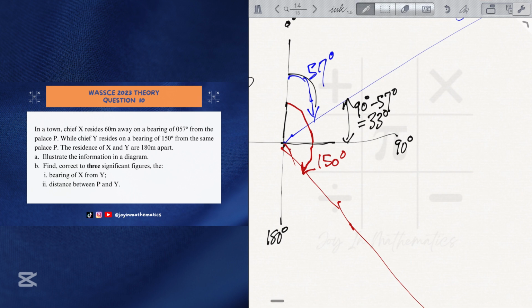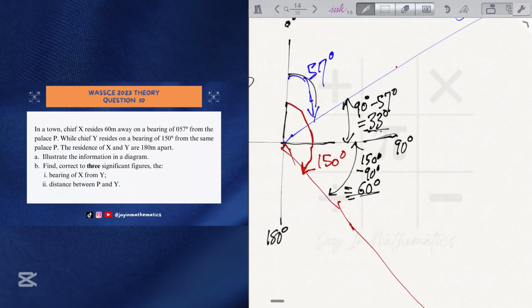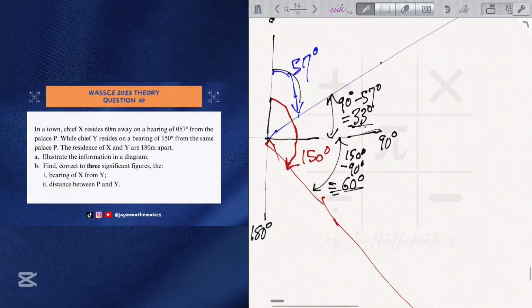In the same way, if here is 90 degrees, the angle here will be 150 degrees minus 90 degrees, so we'll have this to be 60 degrees. Now we have 60 degrees and 33 degrees, so the total angle at point P will be 60 plus 33, which is 93 degrees.